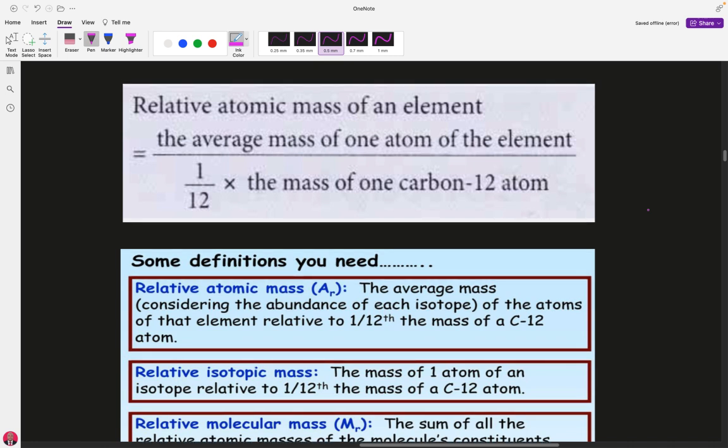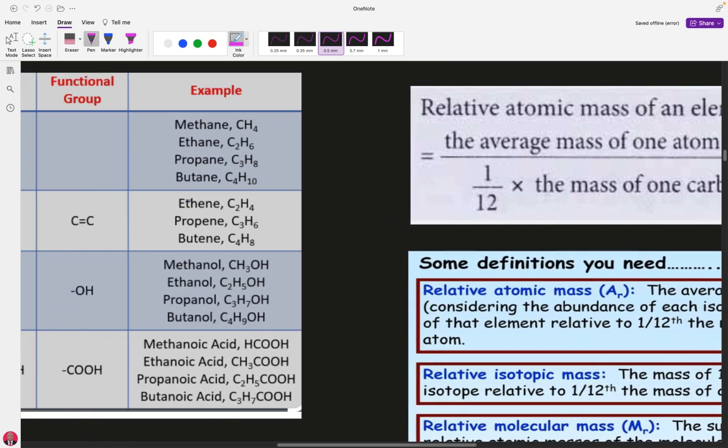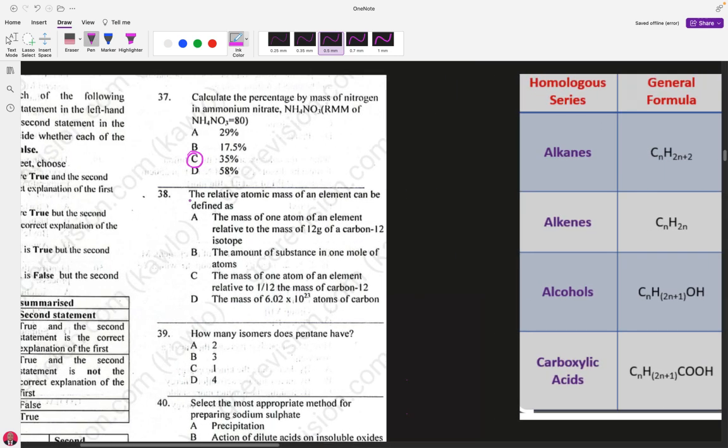Or you could define it as the mass of one atom of the element relative to 1/12 the mass of one carbon-12 atom. The most important thing is 1/12. So here, if we go back to our definition, you will see that C is the best option. So for 38, C is the best option.